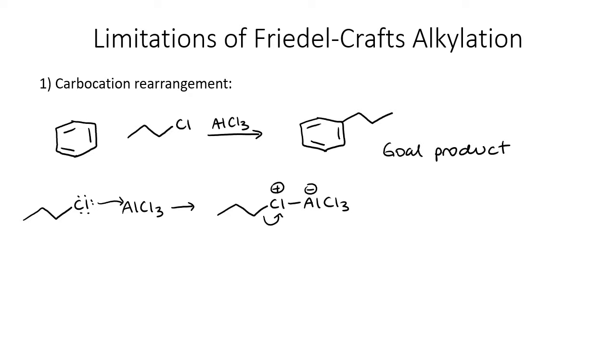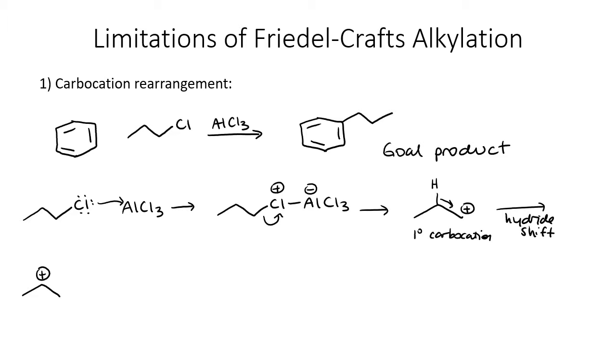Now, once this leaves, we would generate a primary carbocation. Now, we learned last semester that carbocations can undergo rearrangements. So we can actually have a hydride shift occur to form a much more stable secondary carbocation.